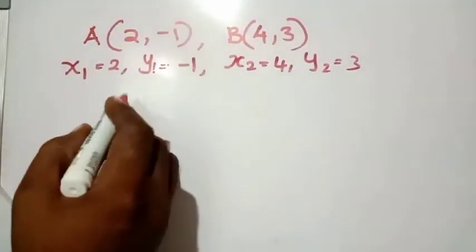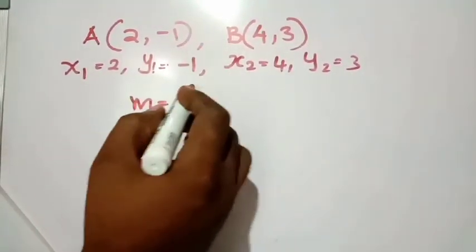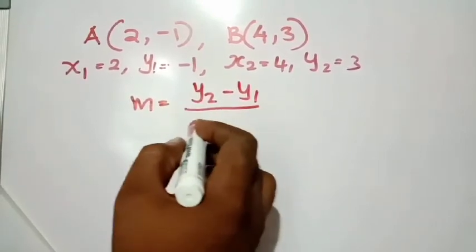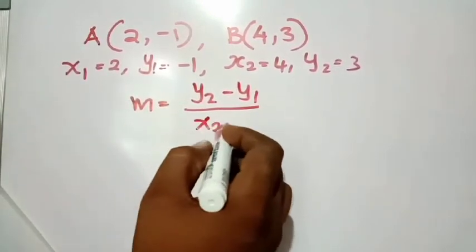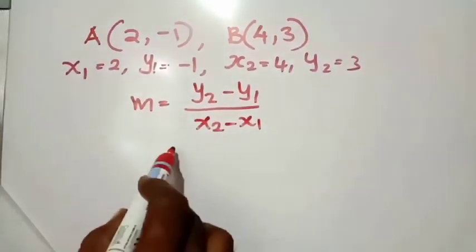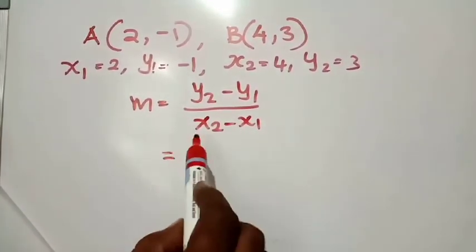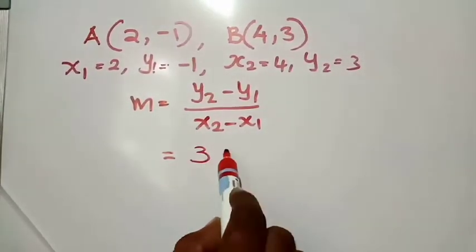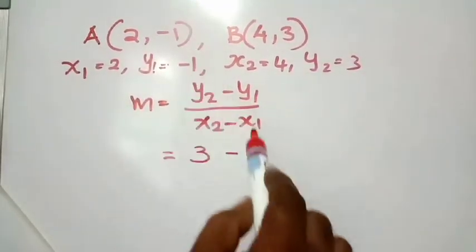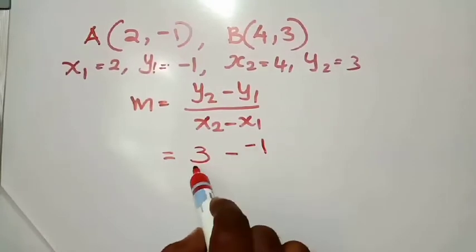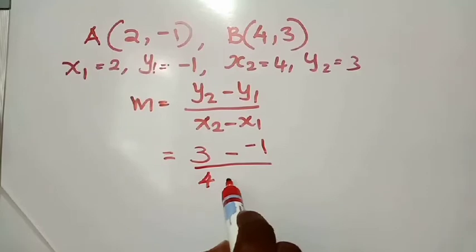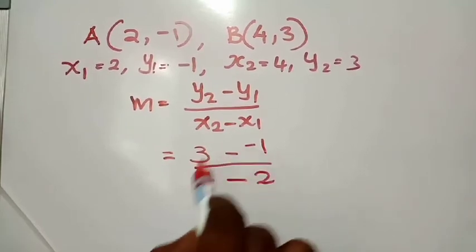Now as per our formula, gradient is y2 minus y1, change in y by change in x, x2 minus x1. That is equal to y2, that is 3, minus y1, minus 1, by x2 which is 4 minus x1 which is 2.